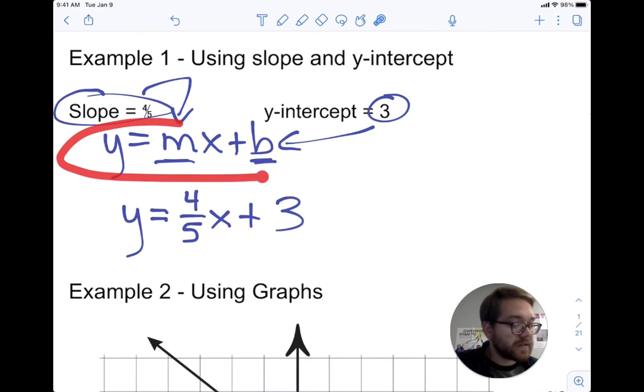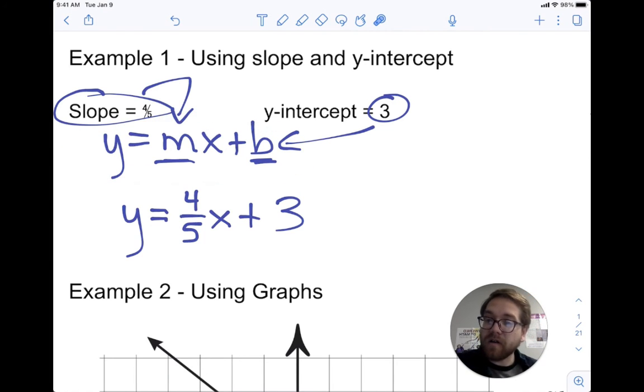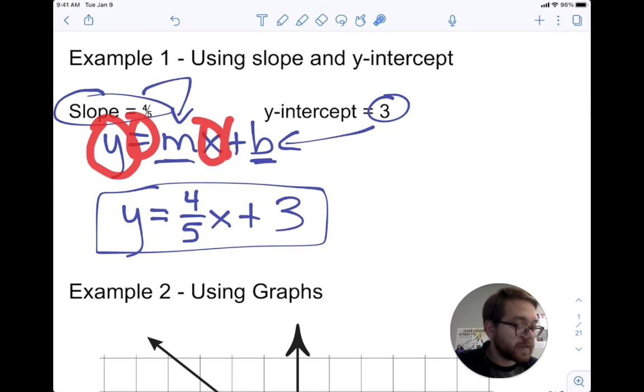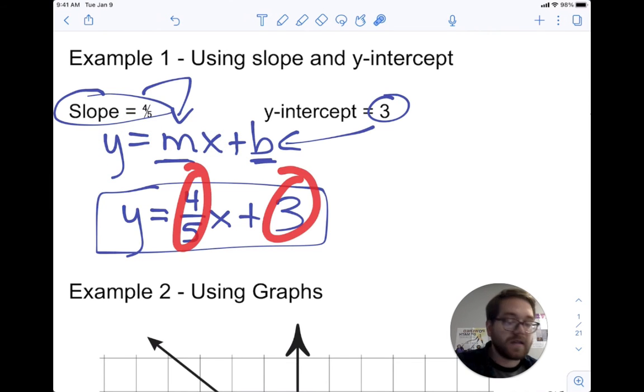All I'm doing is taking out the m and putting in the slope that they gave me, and taking out the b and putting in the y-intercept that they gave me. This is the linear equation. The y, the equals, the x, and the plus all stayed the same. I just replaced the slope and the y-intercept. And so that's your answer.